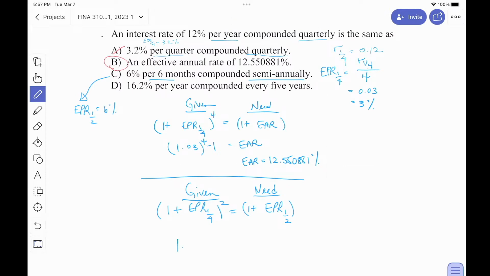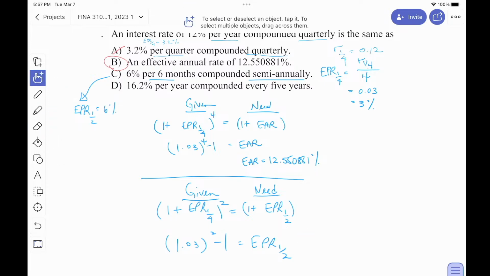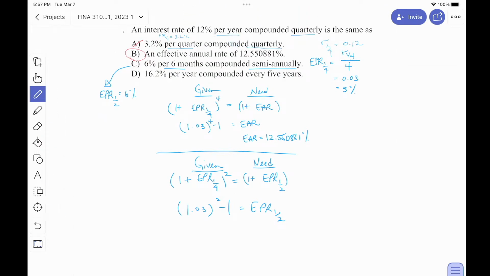So this is 1.03 squared minus 1 is the semi-annual rate, and that's not 6%. It's 6.09%. Okay, so that C is wrong.